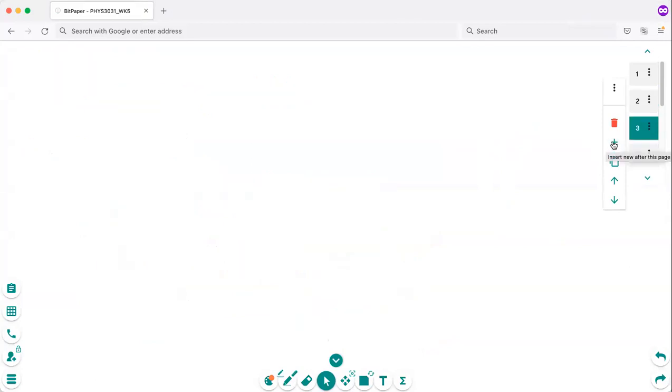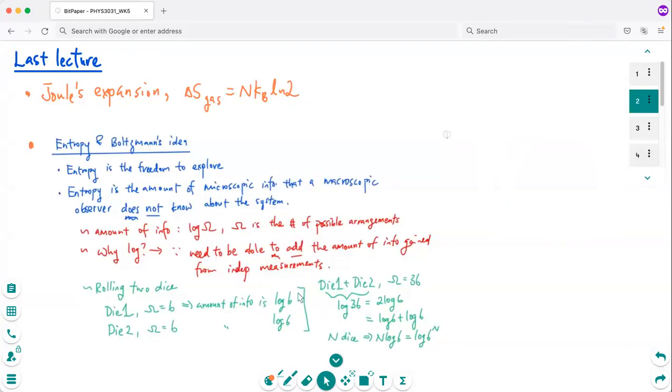Okay, so continuing this. This is Boltzmann's idea. We want to use log. We could have used omega, which is the number of possible arrangements, but we use the log because we want to add information. We need to add probability. Now what is this omega?